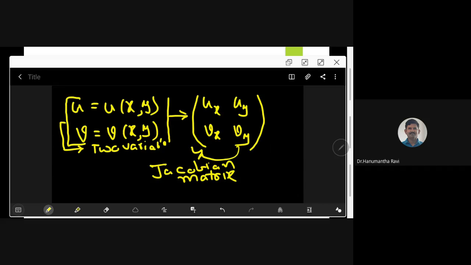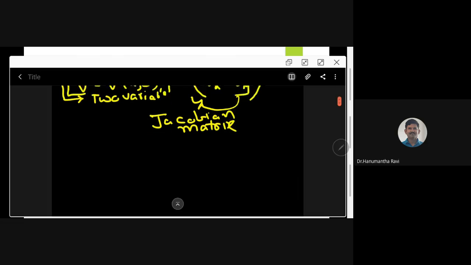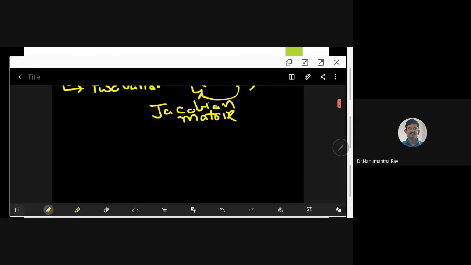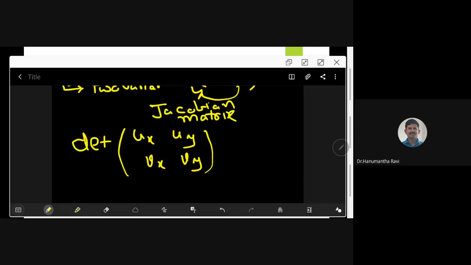And the determinant of this Jacobian matrix is known as the Jacobian. We may represent this as a determinant.